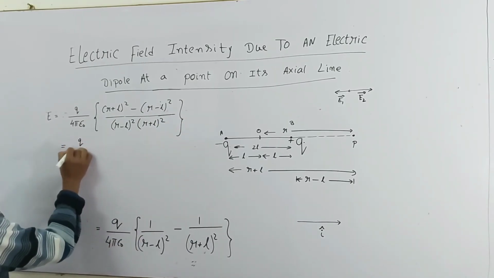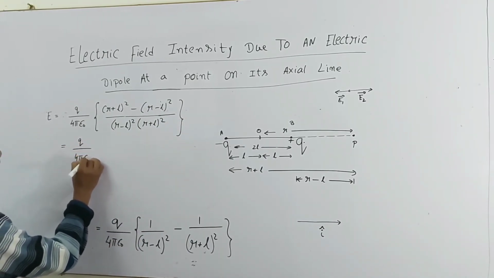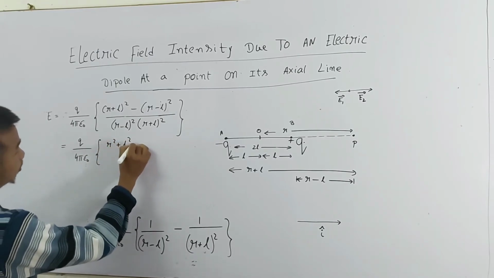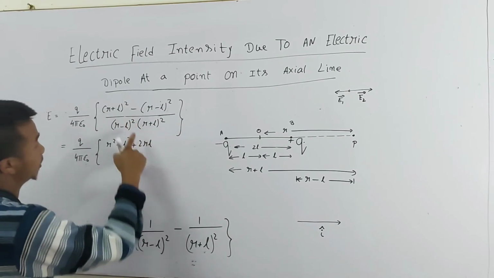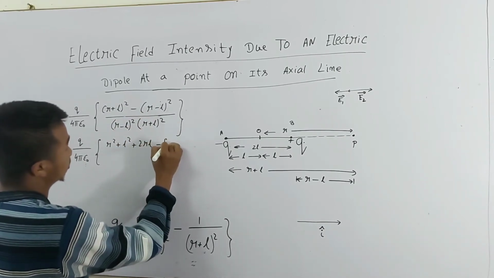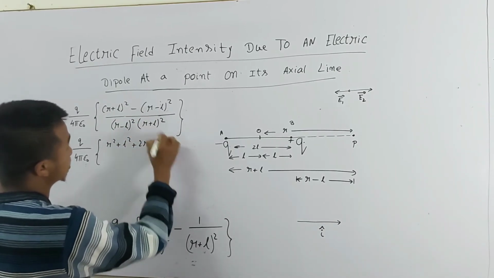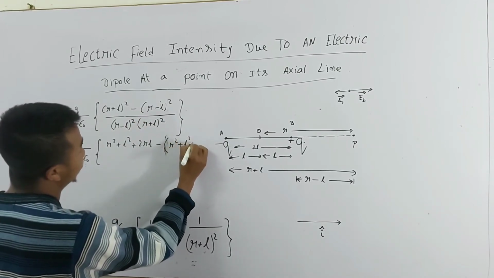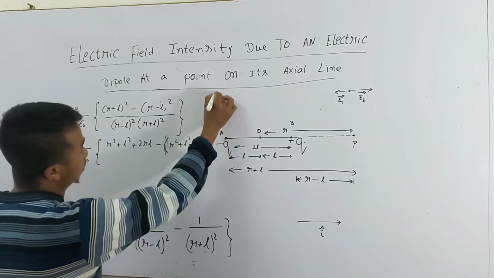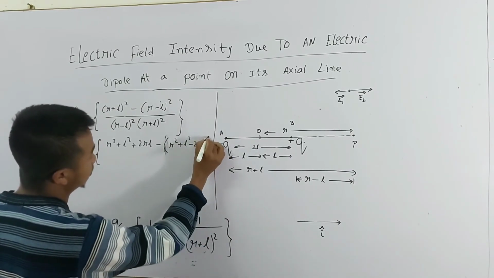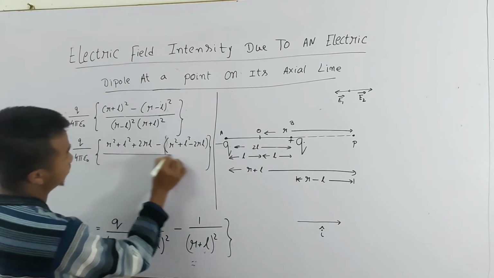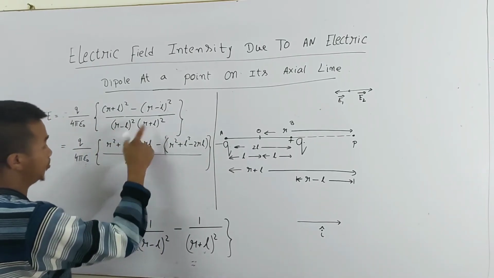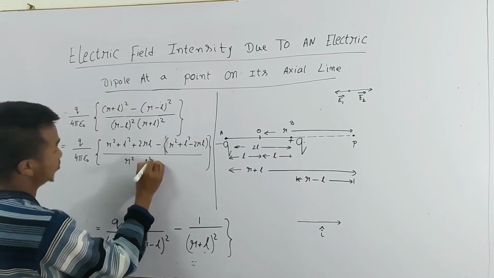So this becomes Q by 4 pi epsilon naught, then R square plus L square plus 2RL, minus R square plus L square minus 2RL, divided by R. A minus B into A plus B becomes A square minus B square.